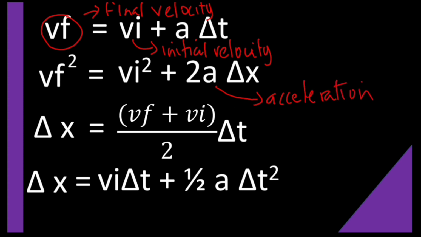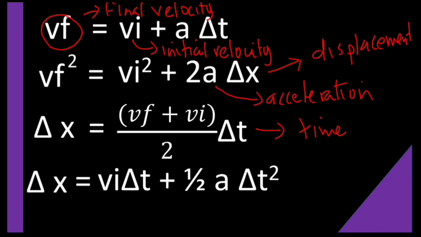Okay, and then the delta x just is displacement. It can also be changed to delta y if you are looking at vertical motion. Instead of saying delta x, movement along the x, you can say delta y, and the delta t is the time interval.